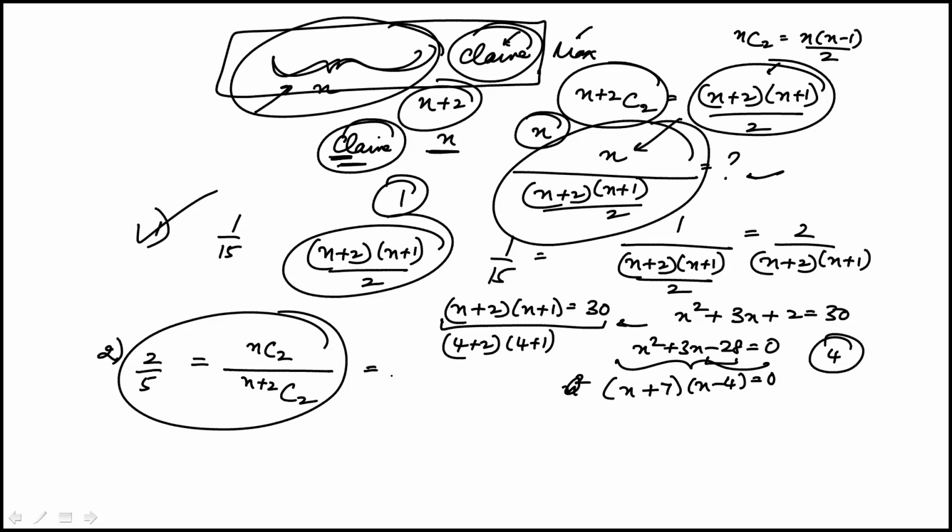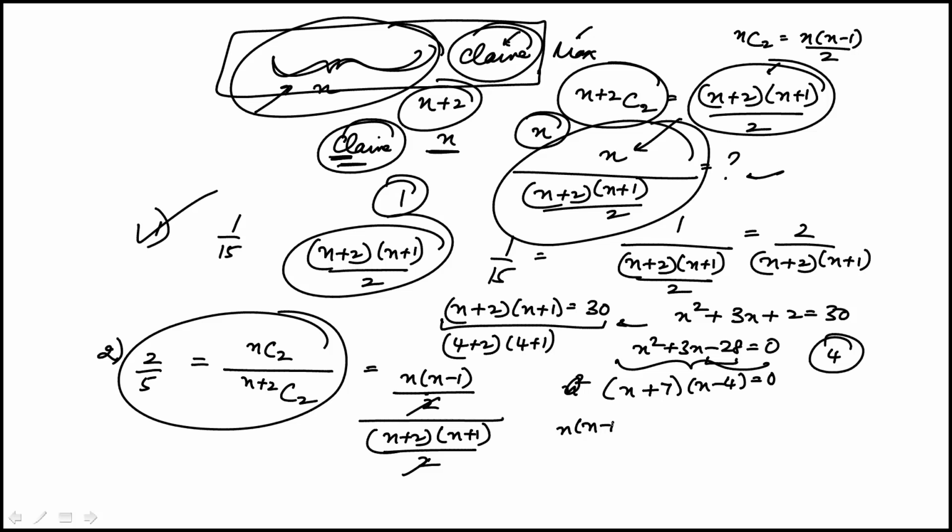Again, you'll be able to get a unique value for n, and let me do the algebra for that. That would be n times (n minus 1) over 2. This one, (n plus 2)C2, would be (n plus 2)(n plus 1) over 2. That drops out.